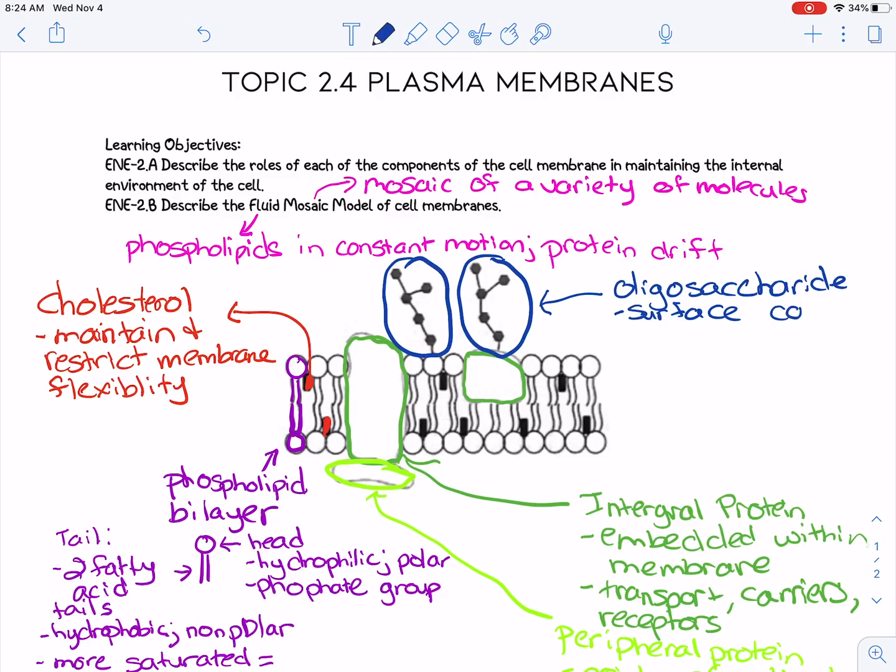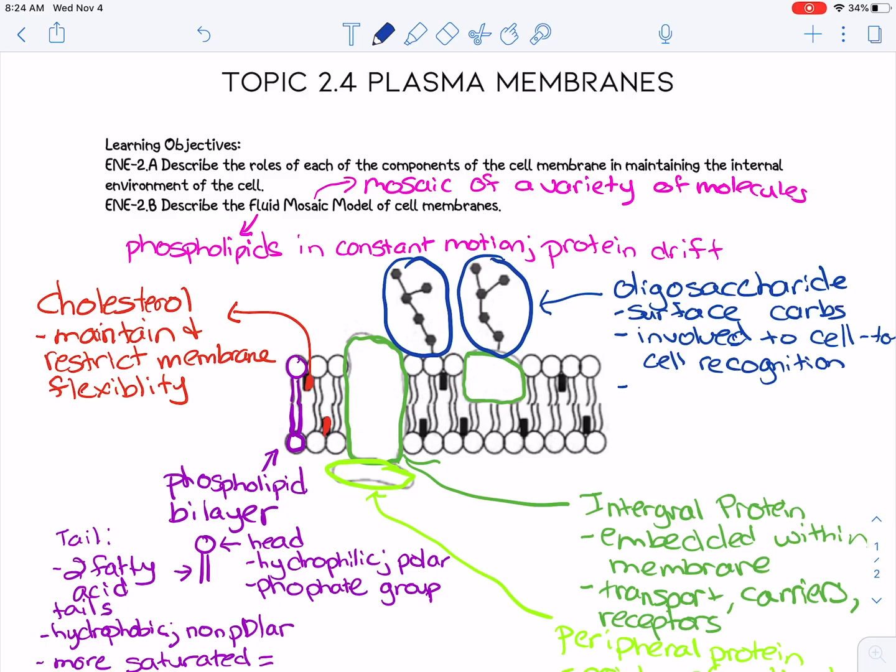You can see they have some short branching chains, and they're a lot of times involved in cell-to-cell recognition. So they're how a cell can identify itself to another cell, and say, hey, I'm from you. We're the same person. We're all good. It could also go the other way and be like, hey, you're a foreigner, get rid of you. And you can begin to attack it.